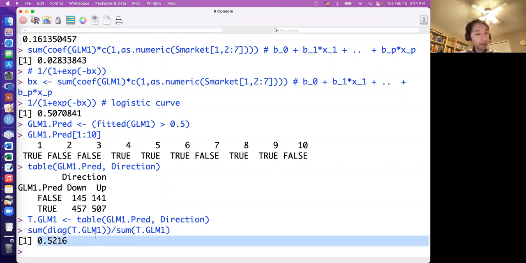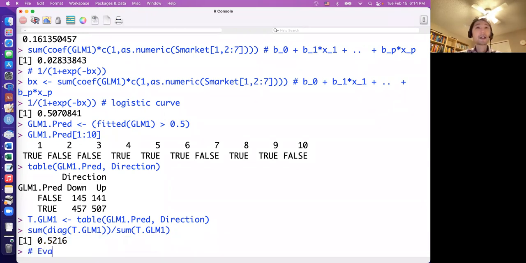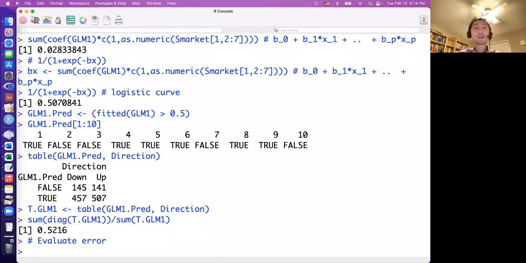Yeah, so now we want to evaluate test error. Do you have any questions so far? So evaluate test error. This may be a little more difficult. So we split the data set into two.